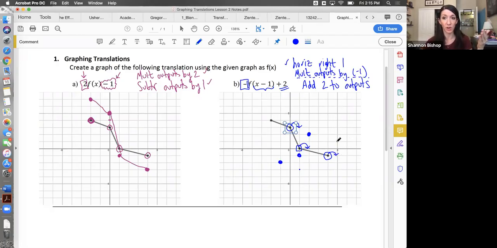And think about it too: if you literally multiply it by -1, you've got a negative times a negative, so it makes perfect sense that we're landing in the positive space right now. So, move it to the right one, reflected up here. Now I'm 1 unit above the axis. Oh, wait, still have to add 2. So 1, 2, right here. That is the new location of that dot.